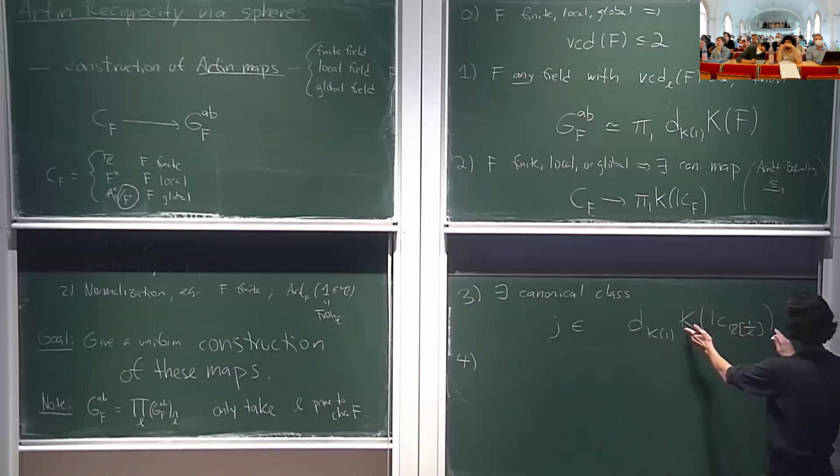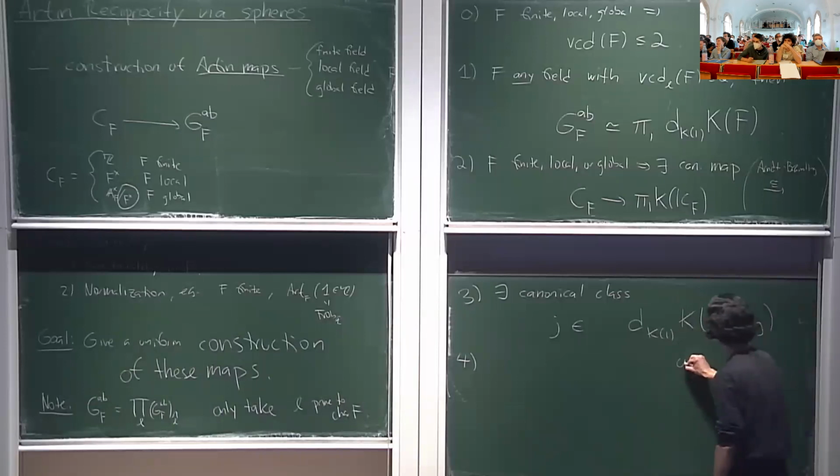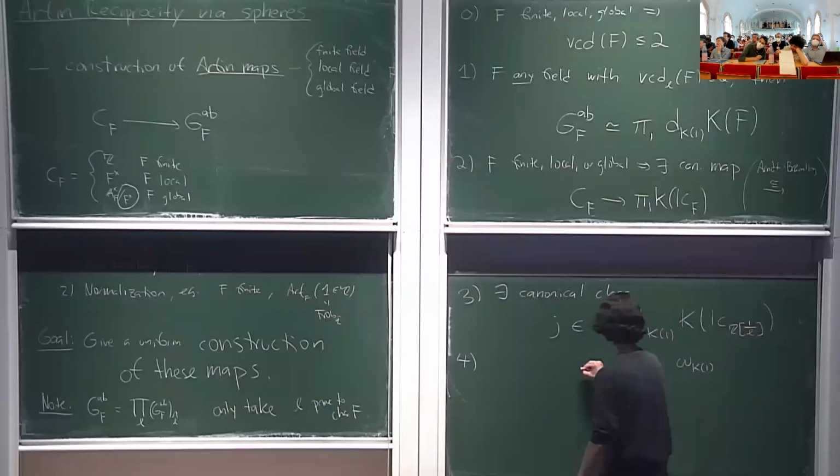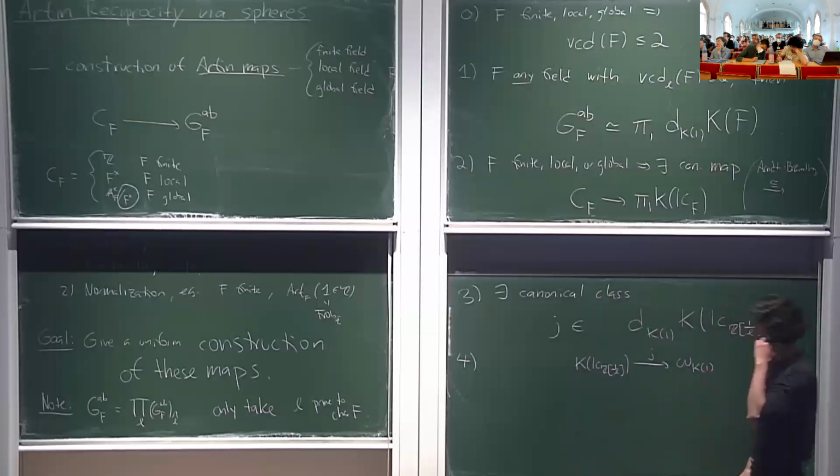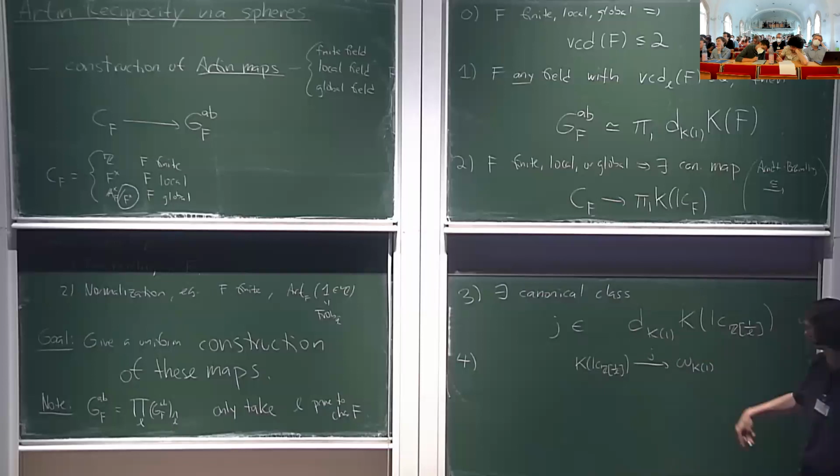It's just defined as a mapping spectrum from this to some other dualizing spectrum, which I'll denote omega sub K1. So what I've just said is that we can equivalently view this J construction as a map of spectra like this.